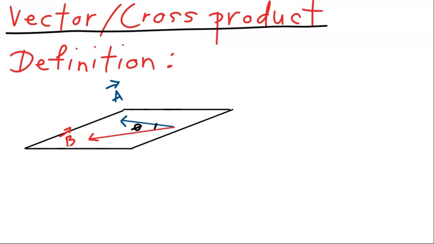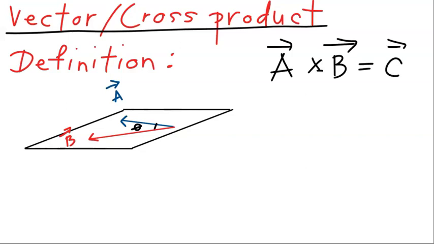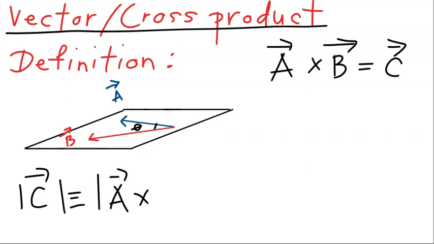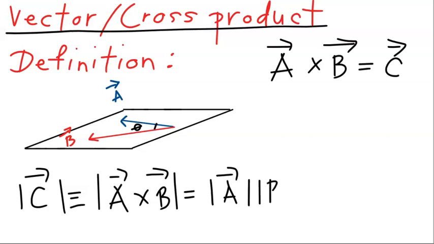The vector product between a and b can be written as follows: a cross b equals c, where the magnitude of vector c, which is the magnitude of a cross b, is given by the magnitude of a times the magnitude of b times sine of the angle between them.